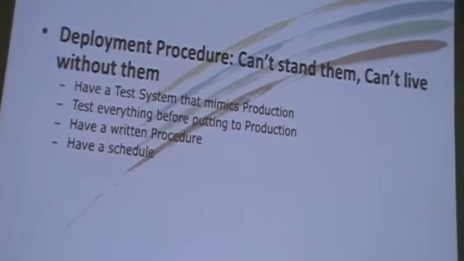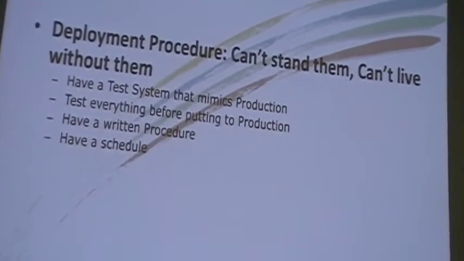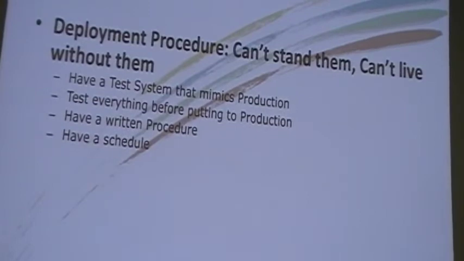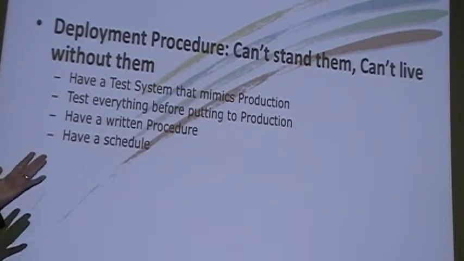The best practice is when you have a new document type or a new index field that you want to extract, it's best to put that into the test system, see if it works, even though it's such a simple thing, and then do the same change in the production environment.